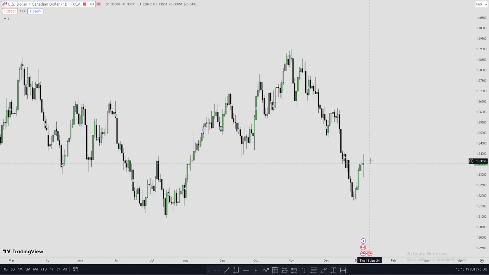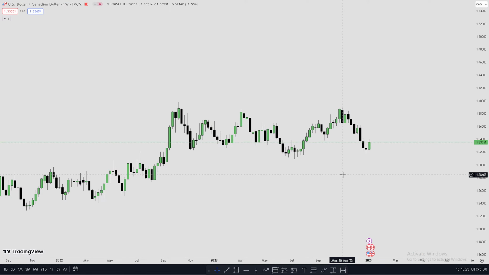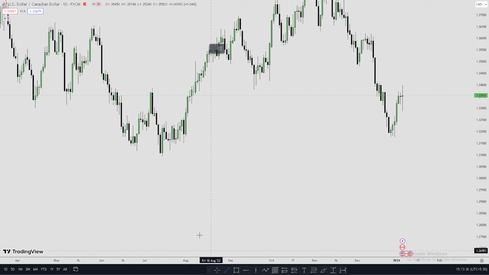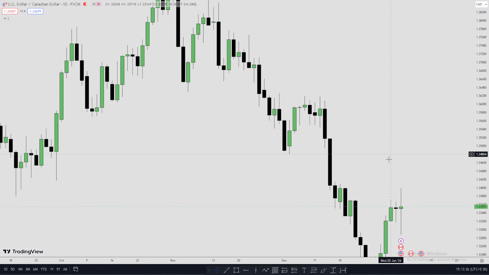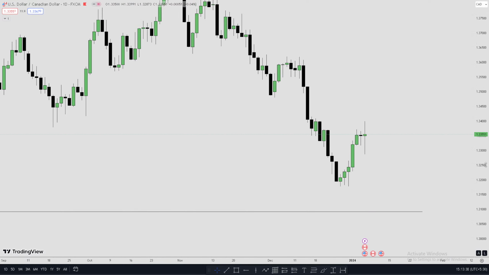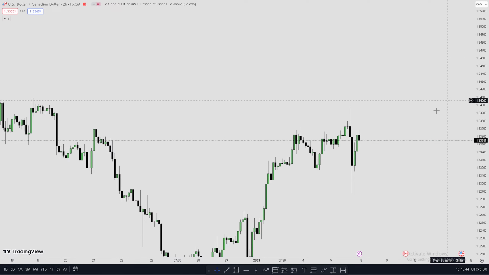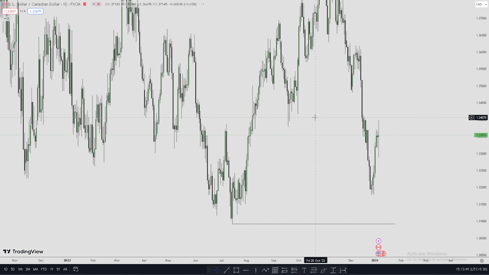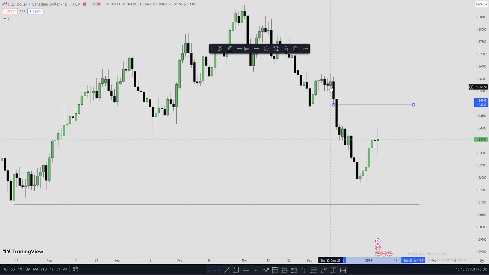1 week time frame. Price is most likely to be approaching this section, low, high. The price is most likely to be approaching these fair value gaps, maybe this or this fair value gap.